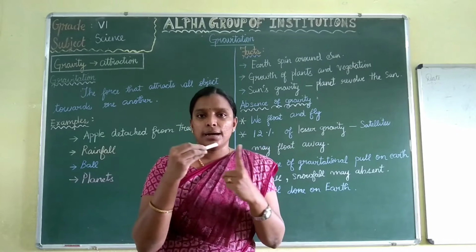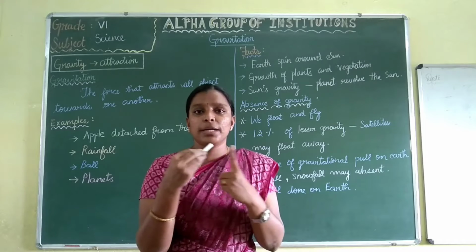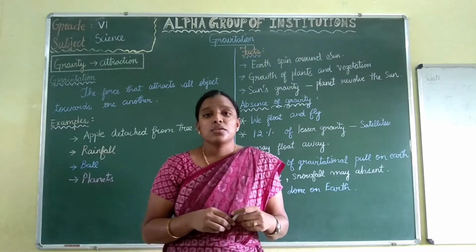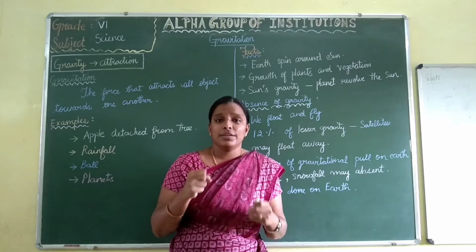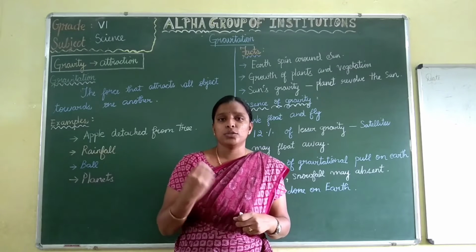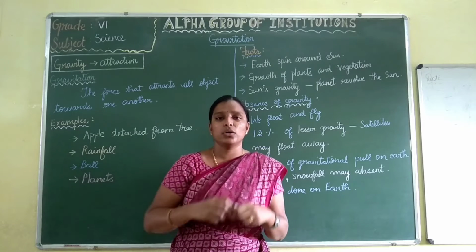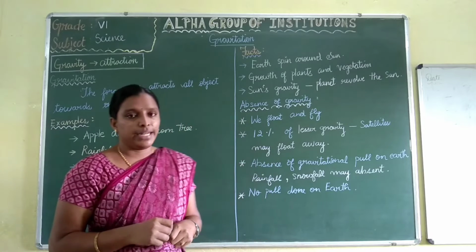If I bring them near each other, they will attract. Have you seen? That attraction is nothing but gravity, the pull between two objects. Both objects will be attracting. That is known as gravitation.